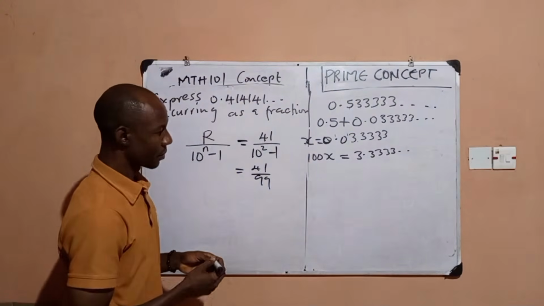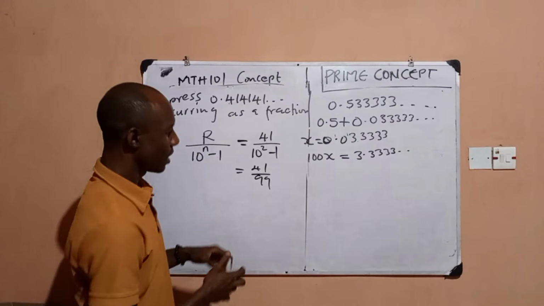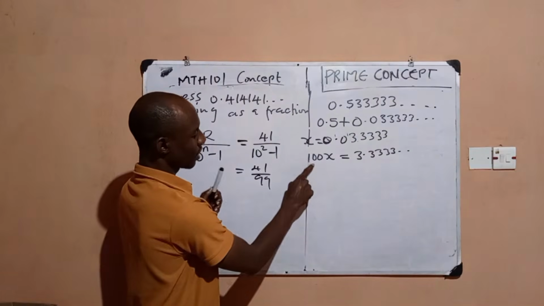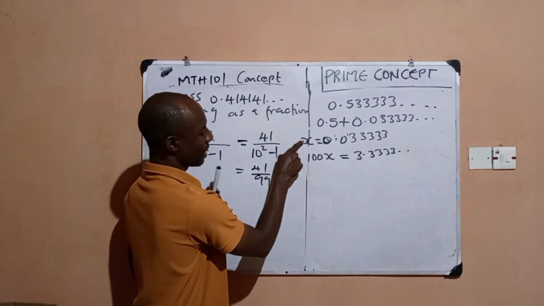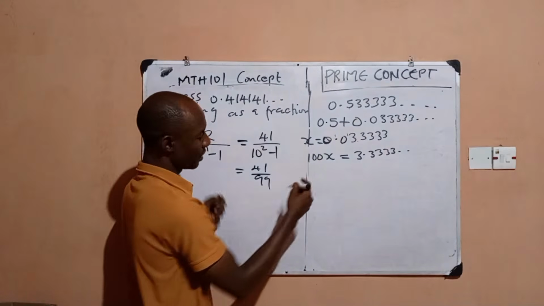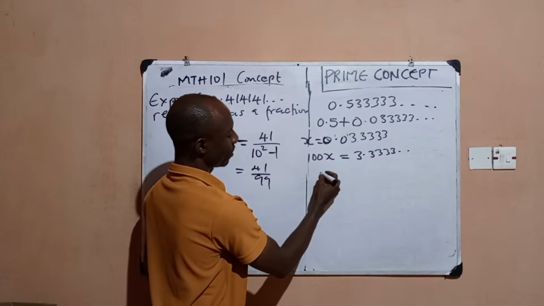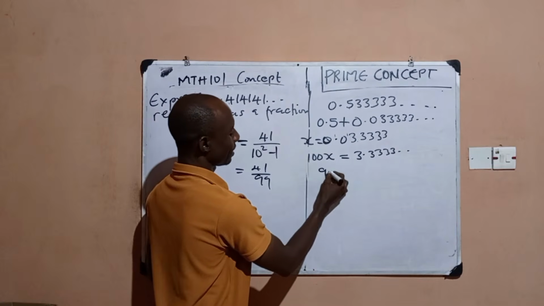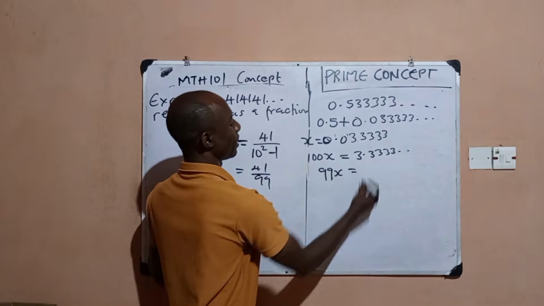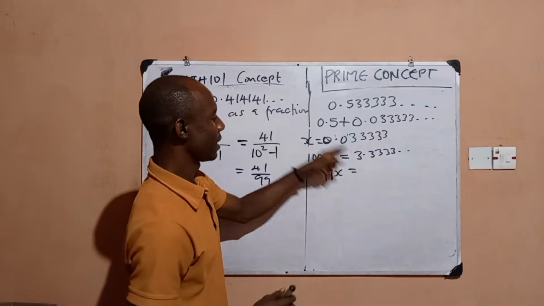Now I'm going to subtract: 100x minus 1x gives me 99x equals this minus this.